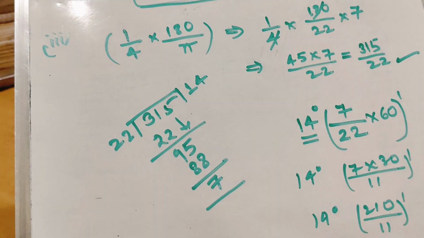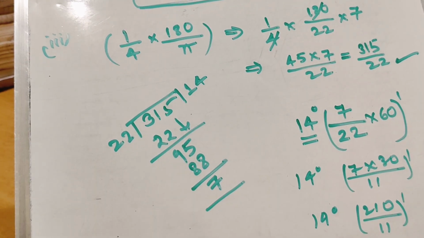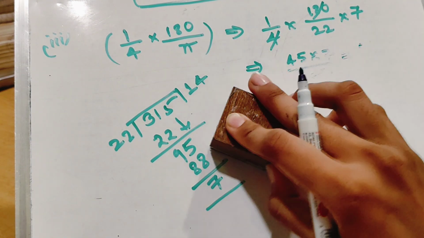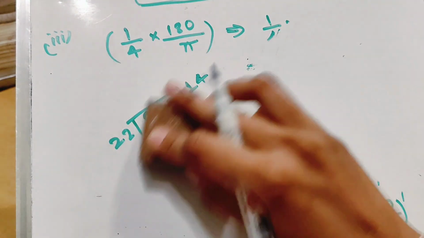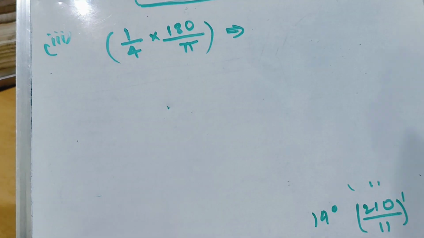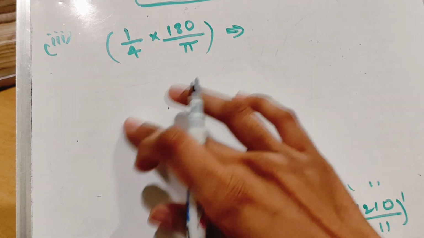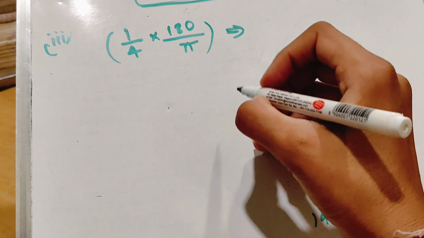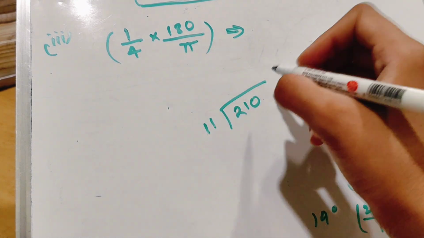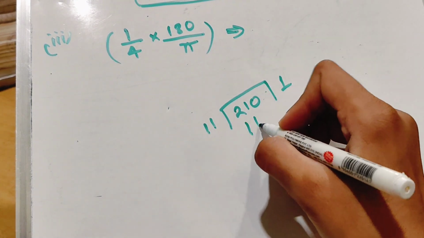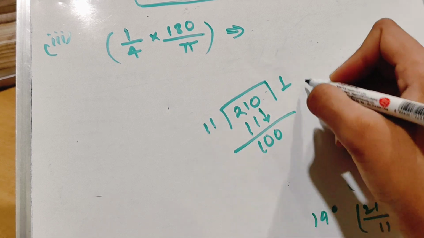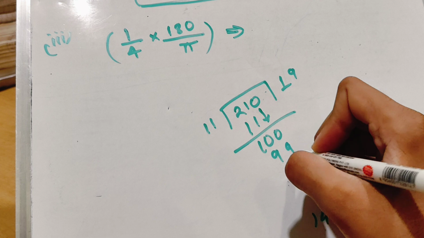Now again we will not leave it like this. Let me just get some space here to work. Now again we will not leave it as a fraction. So we will take 210 and divide it by 11. 11 ones are 11. So we will get here 10, 0, 9 times 99.